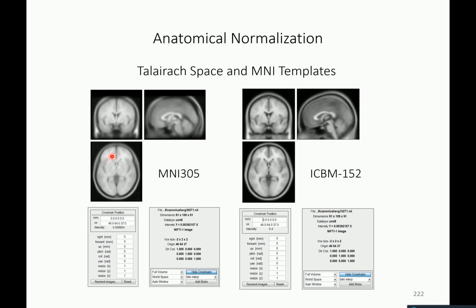That doesn't work anymore with only translation and rotation, of course, because you might have to also inflate or compress a certain brain so that it has the same size as this. So this is the SPM way of looking at the MNI 305, and this is the ICBM 152.